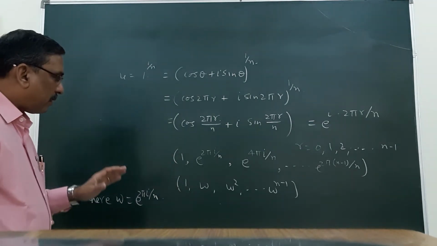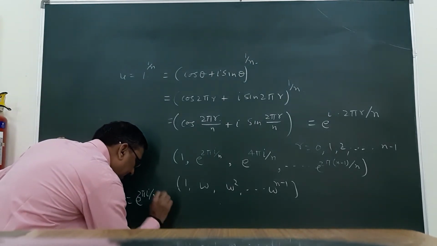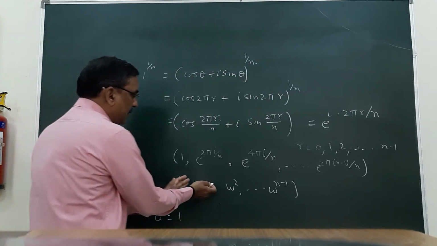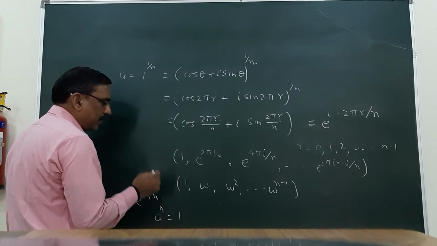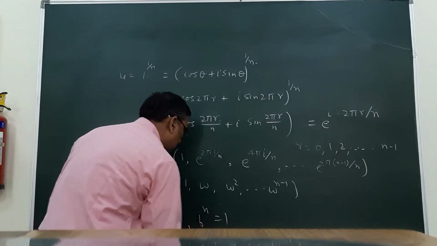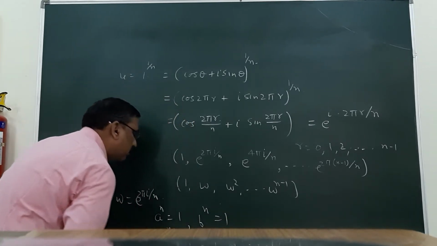Now for identity, in multiplication: a raised to the power n is equal to 1, since any member of this set raised to the power n will again be 1, since they are roots of unity. b raised to the power n is equal to 1. So a raised to the power n, b raised to the power n is equal to 1.